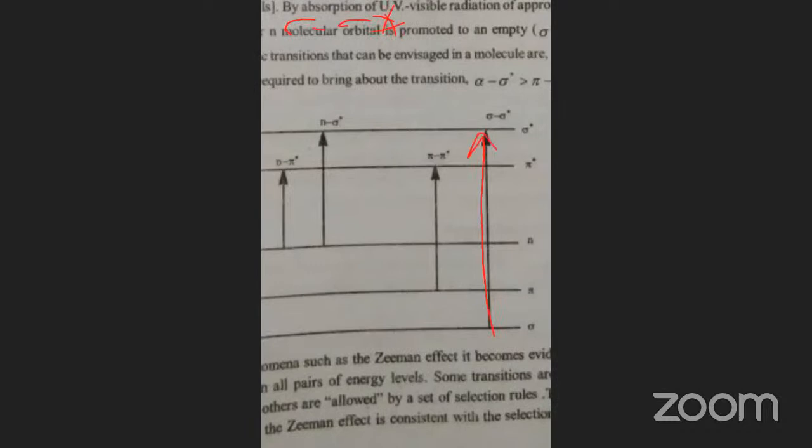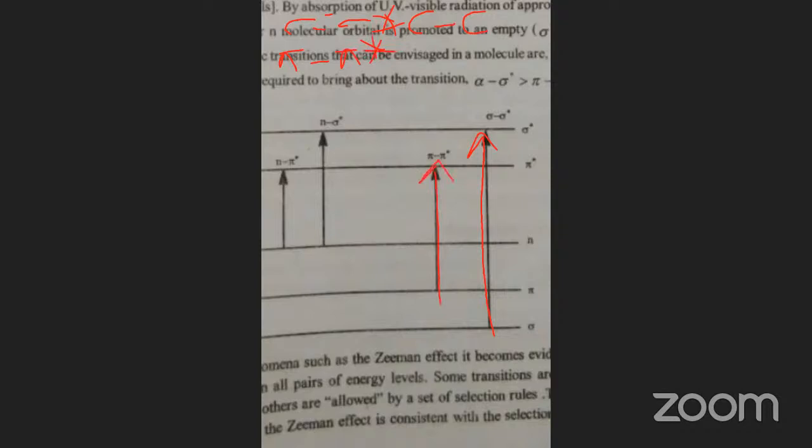In which cases does the sigma to sigma star transition occur? If one carbon and another carbon have a sigma bond, it occurs. Then the next one is the pi to pi star transition.